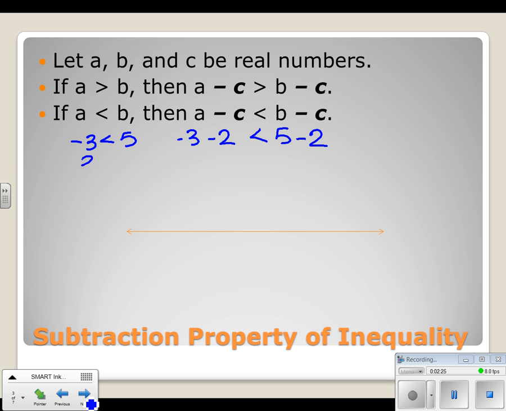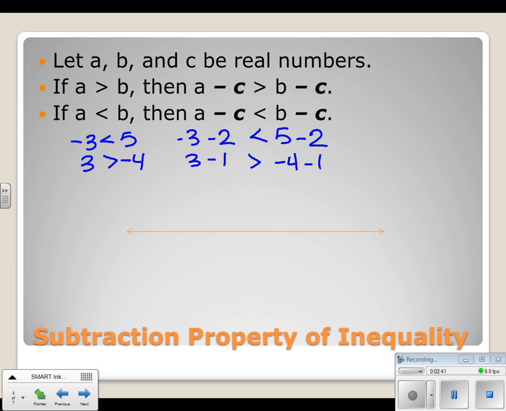If I had 3 is greater than negative 4, and subtract 1 from both sides, it still remains true. Whatever you do to one side, you do to the other.